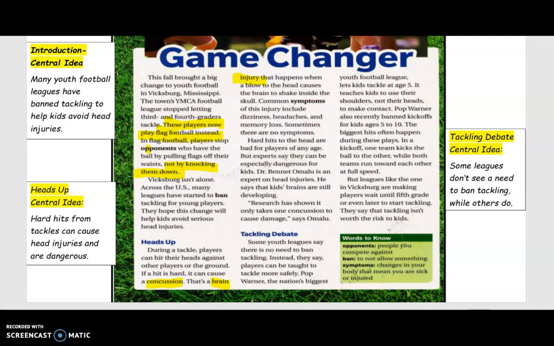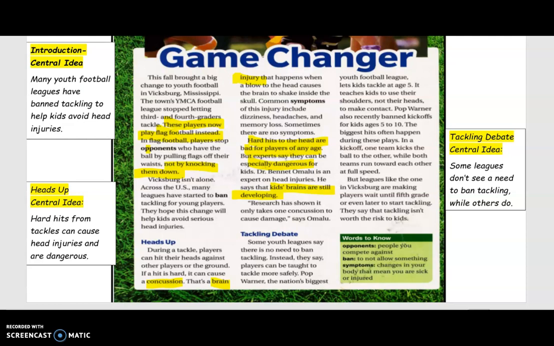Let's find a supporting detail that I can highlight. Well, what about hard hits to the head are bad for players of any age? They can be dangerous. Why are they dangerous? Maybe because kids' brains are still developing. So that would support that hard hits can cause head injuries and that they're dangerous.